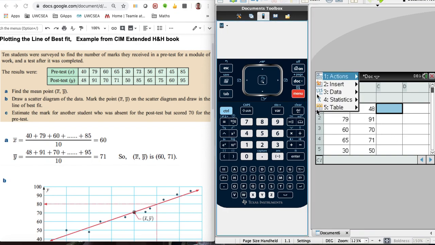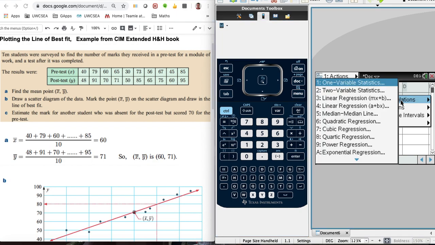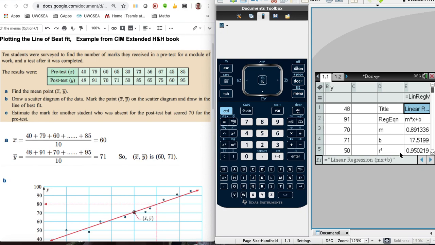If we go to menu and then statistics, stat calculations, and we're going to do linear regression, mx plus b. The x list is the first one we put in, which is x, and the y list is just the y, and it's going to enter all the information into the f column. And there we have it.